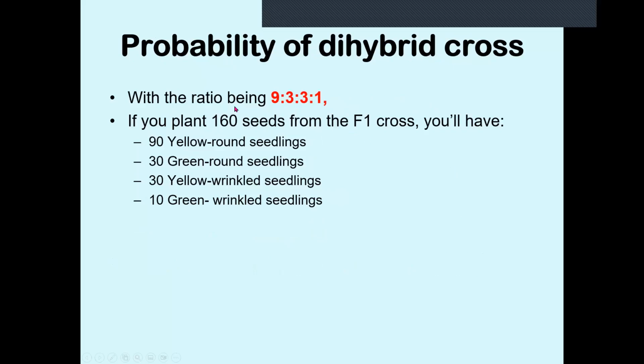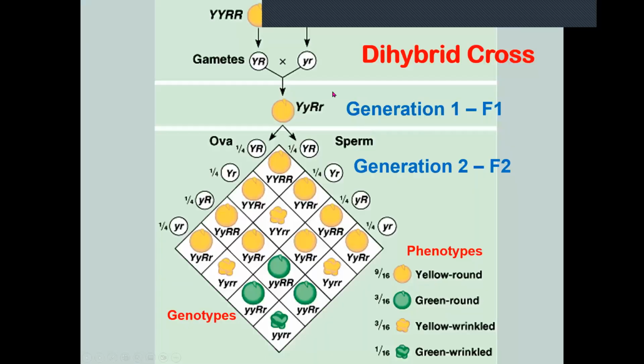So if you have this ratio and you plant 160 seeds from the first generation. All right, let's go back. That's the first generation there. So half of them are what? They're the gametes.